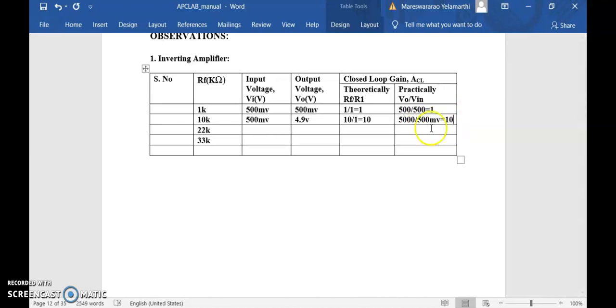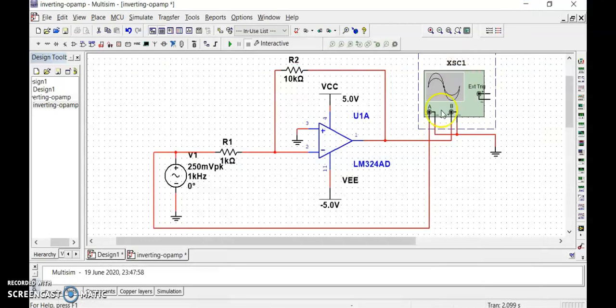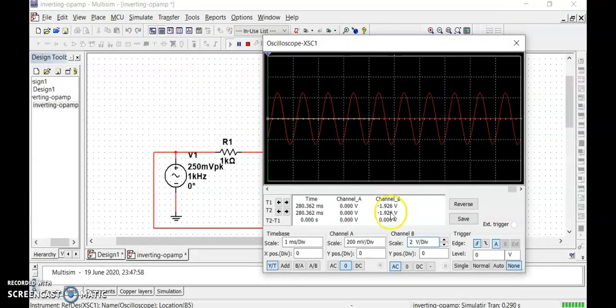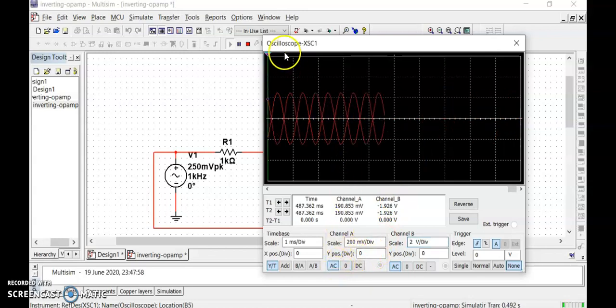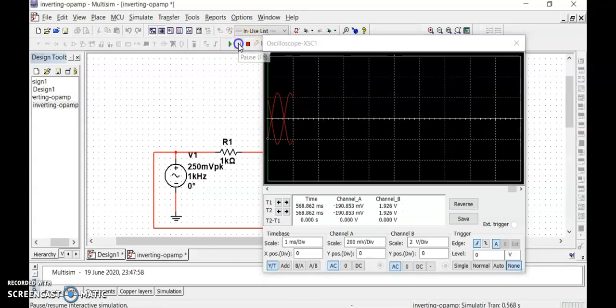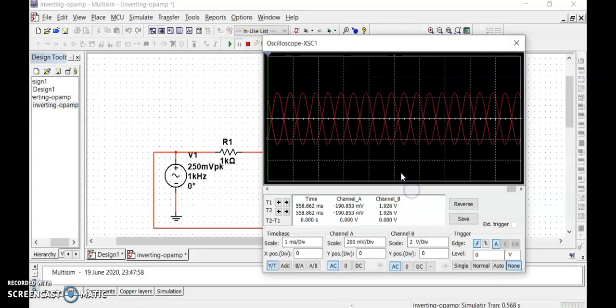Continue the procedure for 22 kilo ohm and 33 kilo ohm resistors and note down the readings in your tabular form. And also you need to observe the phase difference between the input and the output. If you clearly observe here, this one is our input.